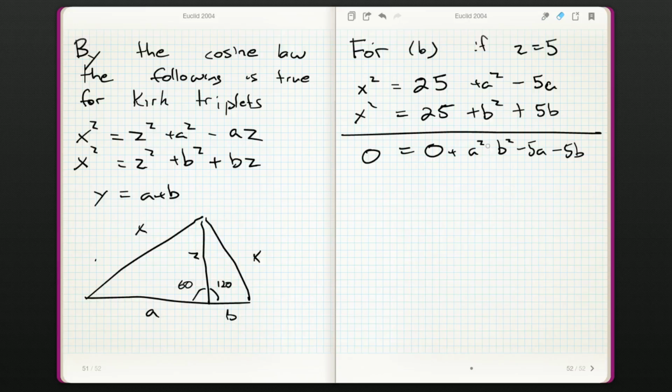And I notice here that we've got a squared minus b squared. So keep that on the one side, and then we'll get 5, and that'll be a plus b. But this is difference of squares.